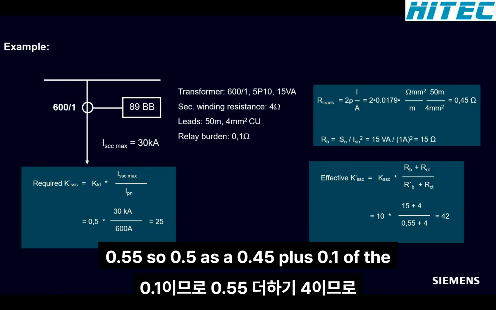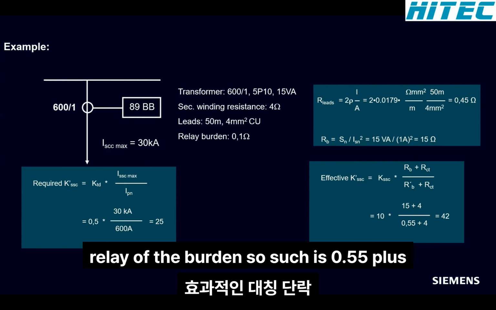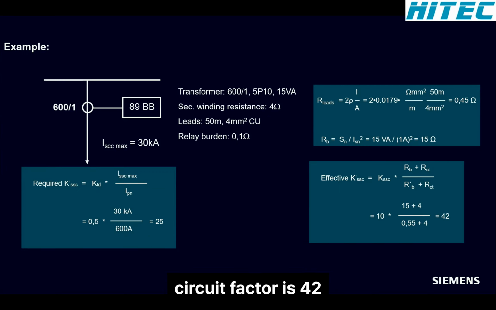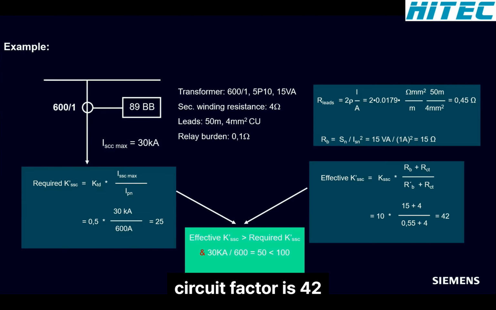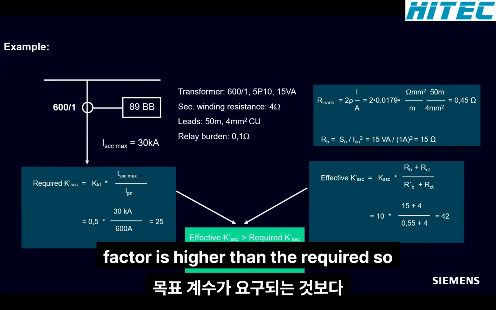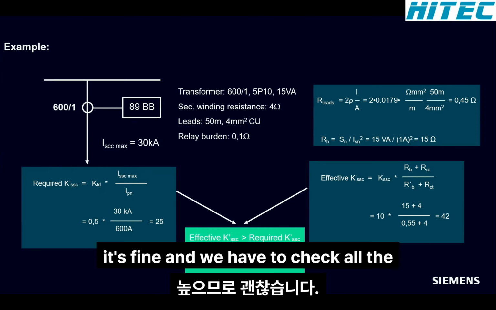The 0.55 is the 0.45 plus the 0.1 burden of the relay, plus 4. So the effective symmetrical short circuit factor is 42. And so it is higher than the required, so it's fine.